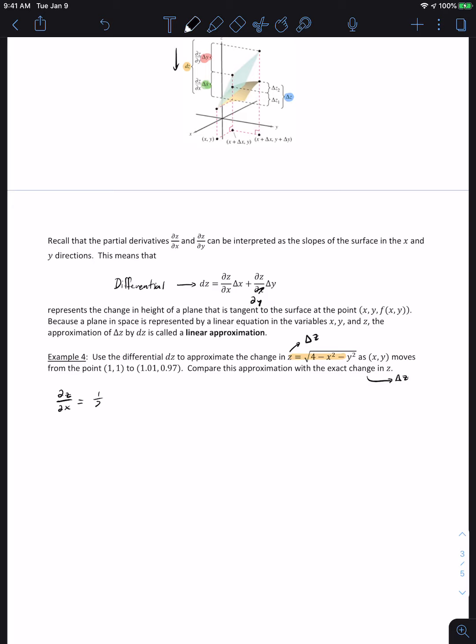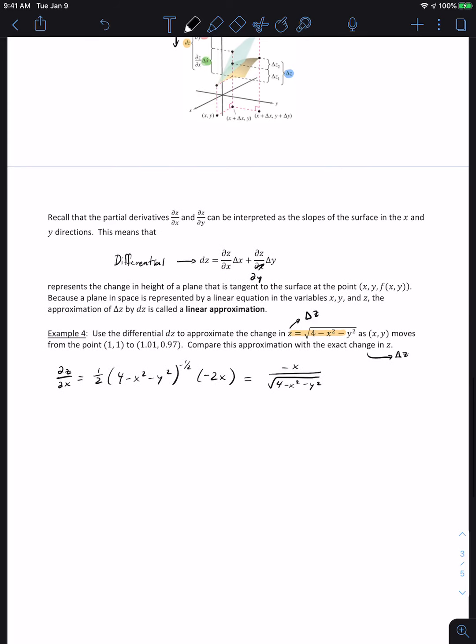So I do 1/2 times (4 minus x squared minus y squared) to the negative 1/2, and then now we chain on the derivative of the inside, which would be minus 2x. So rewriting that and canceling things out, I end up getting minus x over the square root of 4 minus x squared minus y squared.